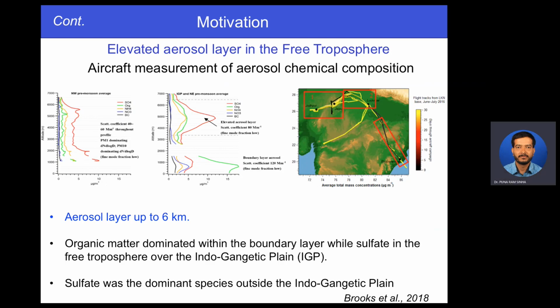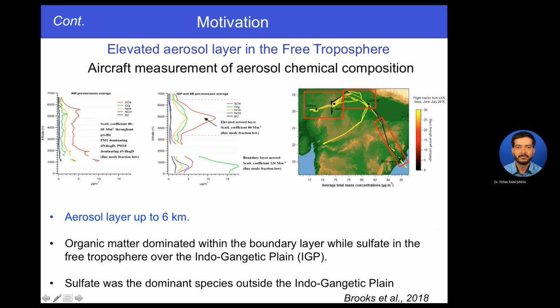Now very recently there was an aircraft campaign over the northwest, the Indo-Gangetic Plain and the northeast part of the Indian region. This study also showed an elevated aerosol layer up to 6 kilometer.